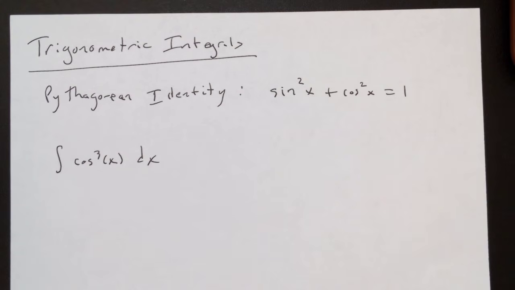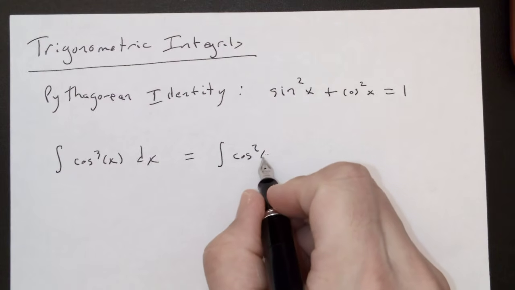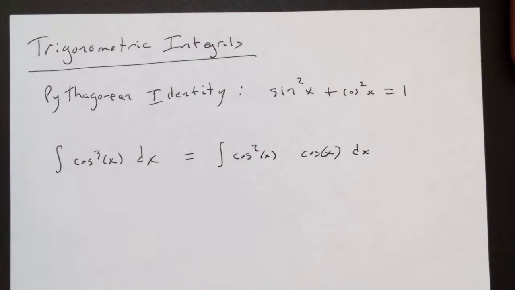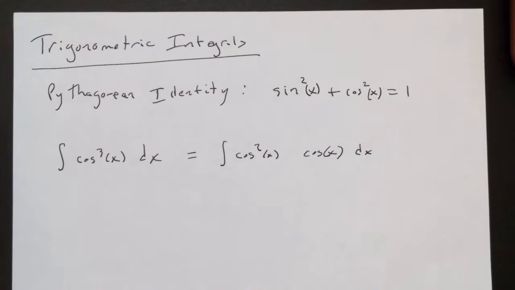Let's take 2 cosines away. Or really take one of them away and leave 2 of them behind. And now I go up to that top line and I say, oh, I know how to turn cosine squared into other things.